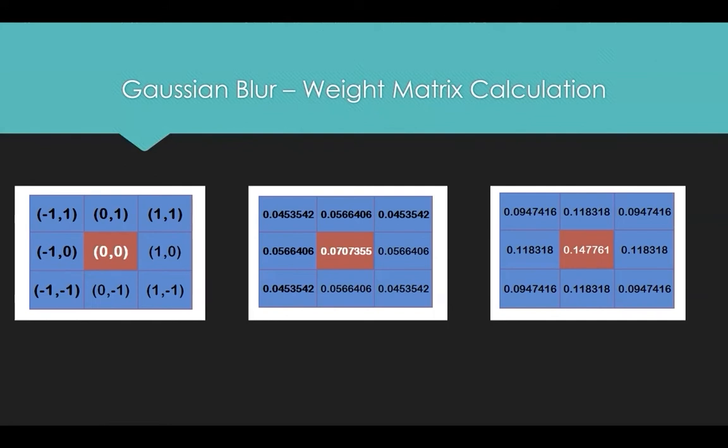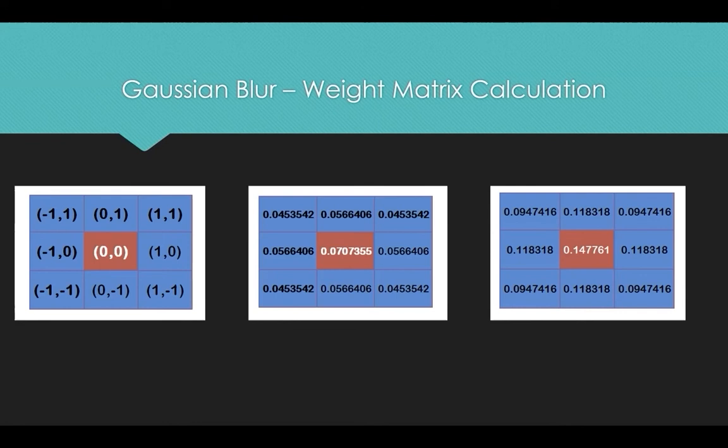Okay, now let's start with the first image. Assuming the coordinate of the center point is 0, 0, then the coordinates of the 8 points which are nearest to the center is as we can see in image 1.